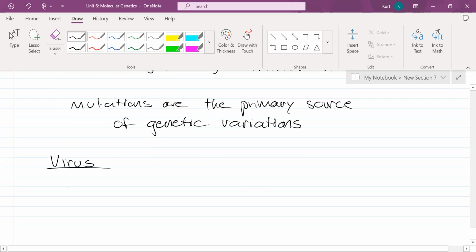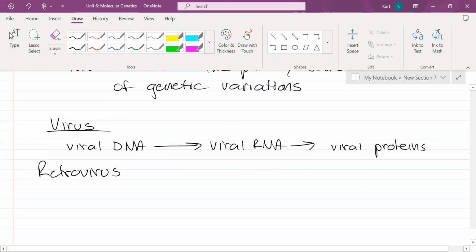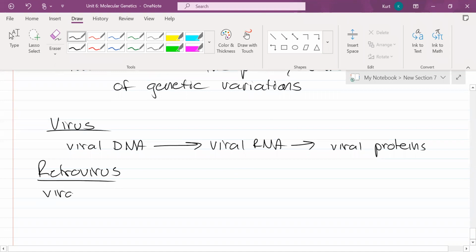Guys, remember with viruses, you start with viral DNA, then you go to viral RNA, and then you go to viral proteins. This all takes place in the nucleus of a host. Retroviruses, what do you start off with? Viral mRNA, and then you go to viral DNA.